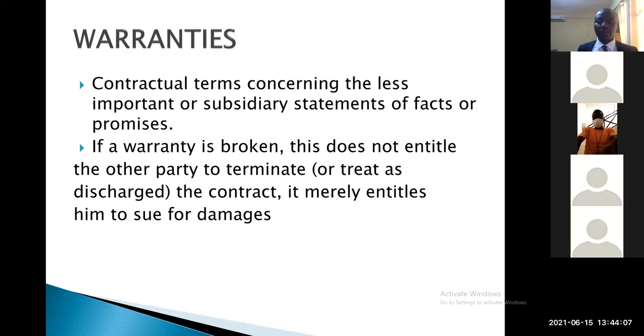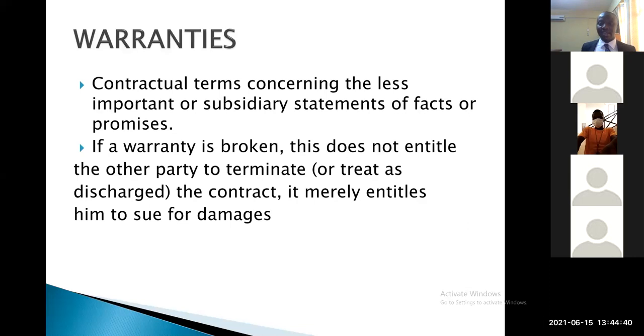And last semester, when we were discussing damages for breach of contract, you came across the principle that it is the policy of the common law that whenever there has been a breach of a contract, the innocent party is entitled to damages, even if no particular loss or injury could be established following the breach of the contract.